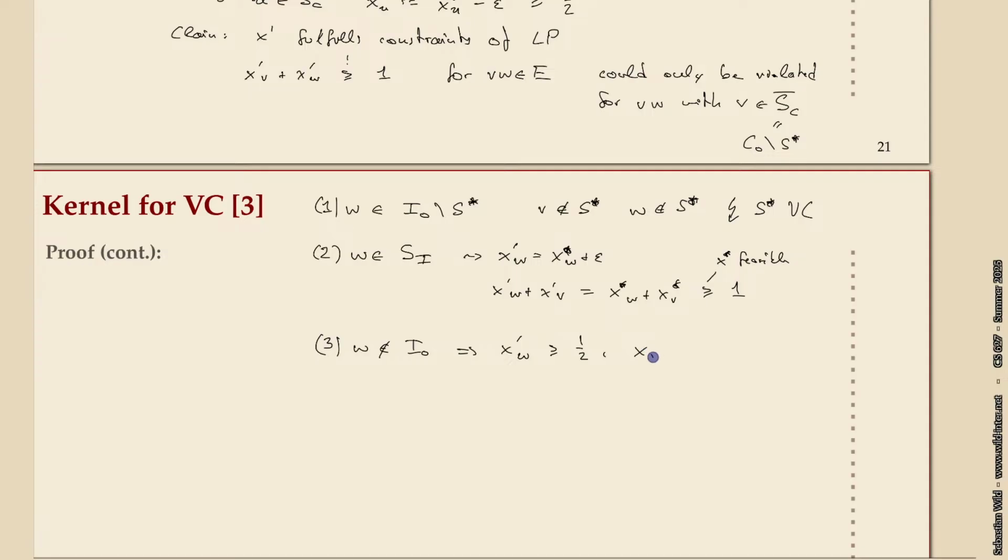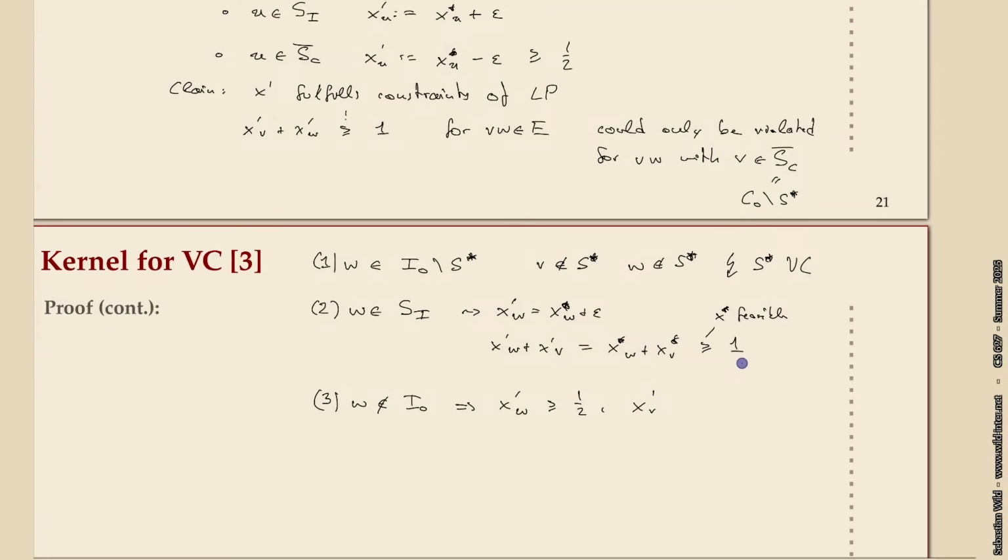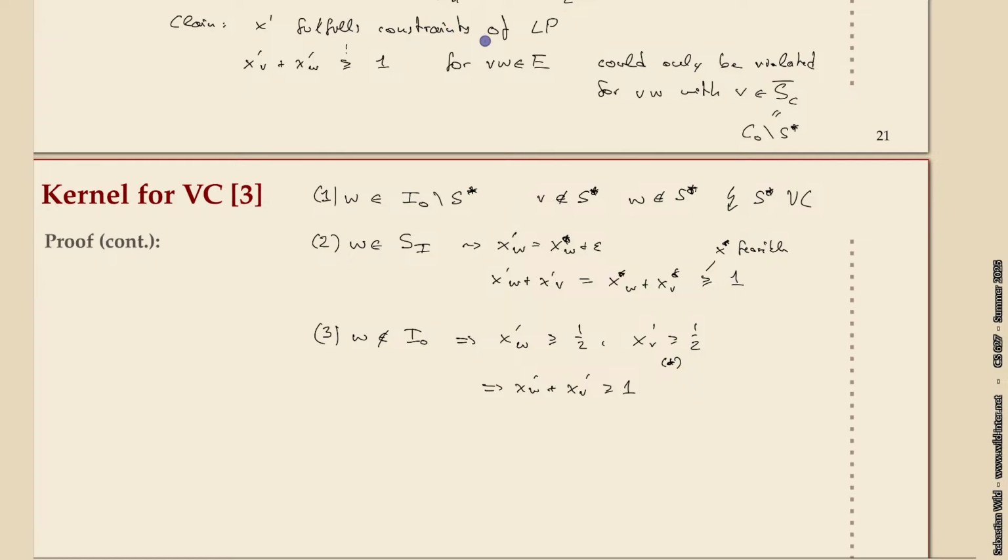And for our edge here, we subtract something, but we leave that above 1/2. That's this property. So if both are 1/2, then the sum is at least 1. Right? So in all possible cases, for the other endpoint of an edge where we might subtract something from its variable, the other endpoint makes up for it, or the case is not possible. And so we've proven that this new x prime indeed fulfills the constraints of the LP.